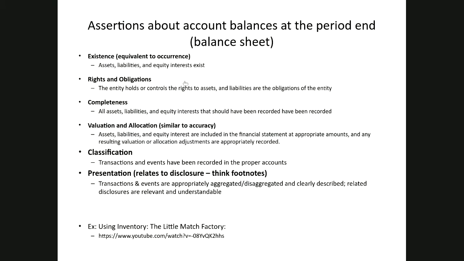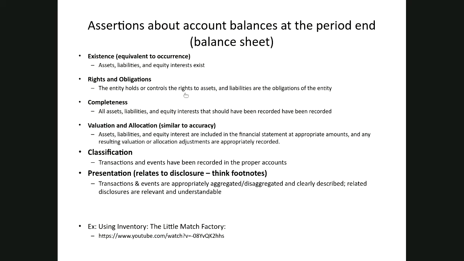Rights and obligations is the next assertion we're going to talk about. Rights and obligations is generally all about who actually has legal rights or legal obligation to an asset or liability. And when I say legal right or legal obligation, I'm not talking about the existence, completeness type angle. For an inventory example, this would be things like, are the goods held in consignment?